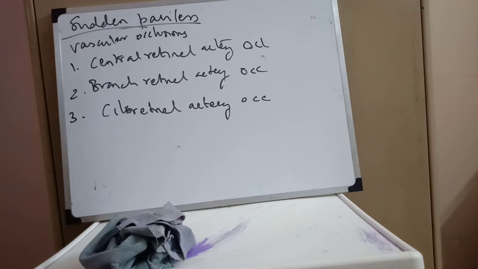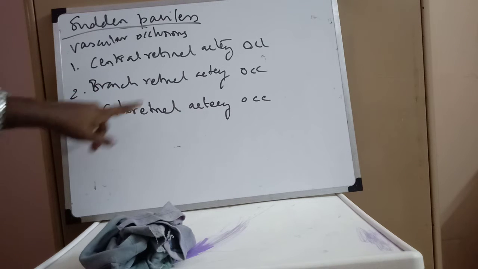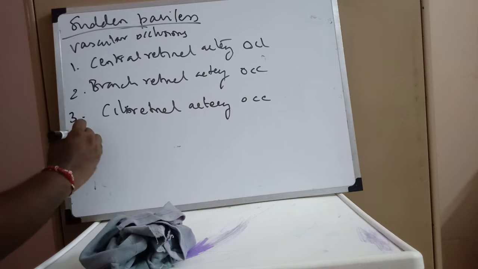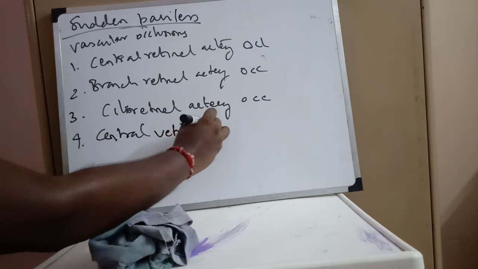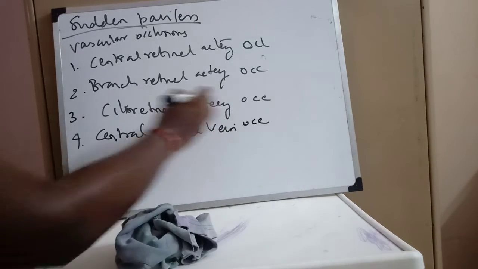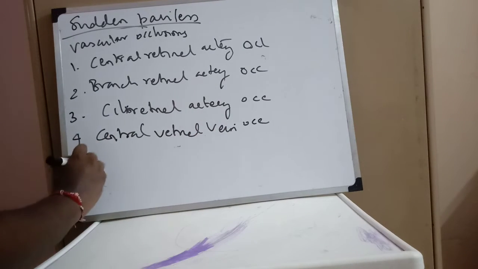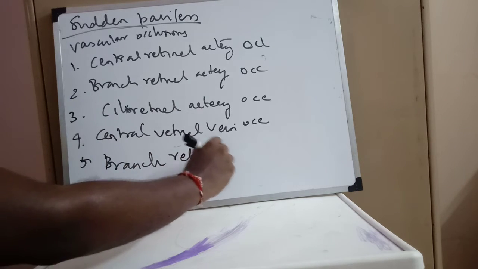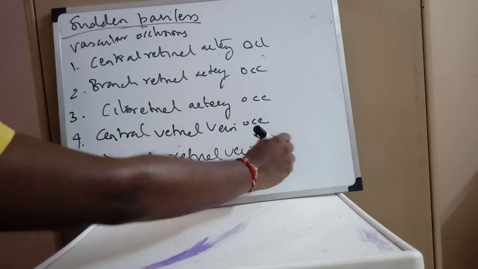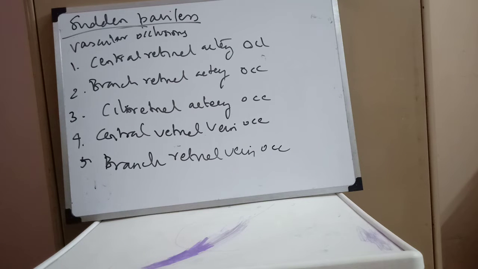So these are the three artery occlusions. Then you can have central retinal vein occlusion, and you can also have branch retinal vein occlusion. So these are the sudden painless causes of vision loss.